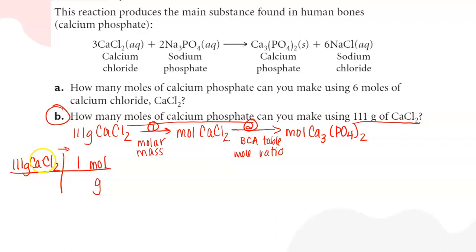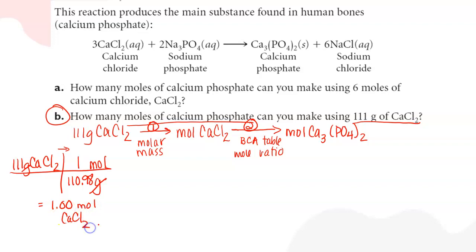Adding the masses of calcium and 2 chlorines up, we get 110.98. And now I'm ready to do my math. My grams cancel, and I'm left with just moles. So I'm going to do 111 divided by 110.18, and I get 1.00 moles of calcium chloride.